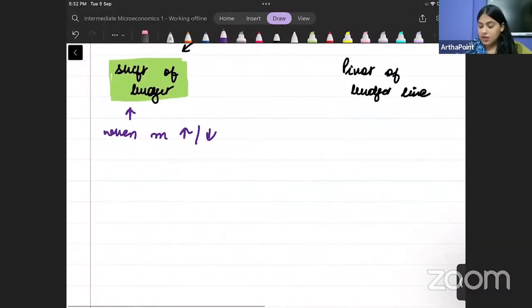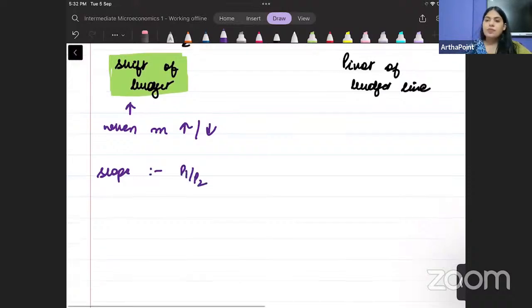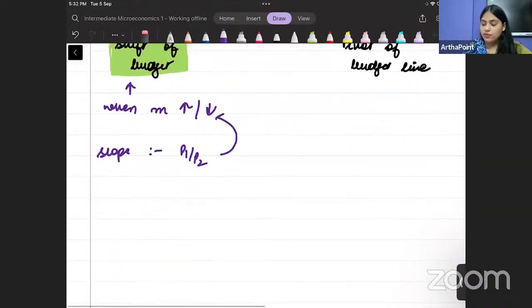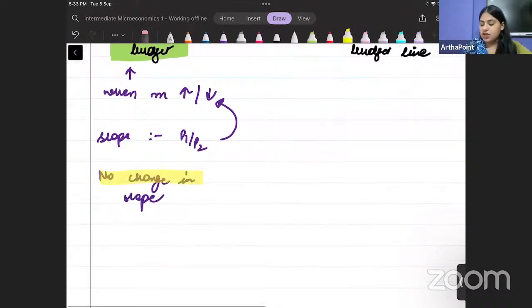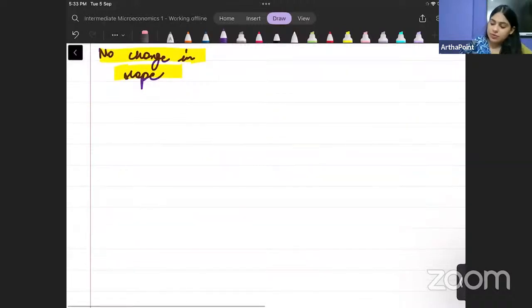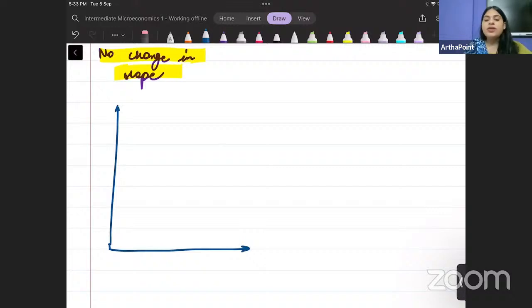ध्यान से समझो, देखो मेरी बजट लाइन का स्लोप क्या आया था बेटा, P1 by P2. स्लोप को इनकम से कोई फर्क नहीं पड़ रहा. तो जब इनकम बढ़ेगी या कम होगी, when income increases or decreases, my budget line will shift, but there will be no change in the slope. The slope of the budget line will not change. Take an example. Right now, we plotted a budget line.